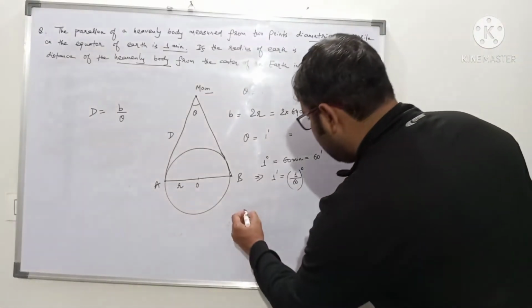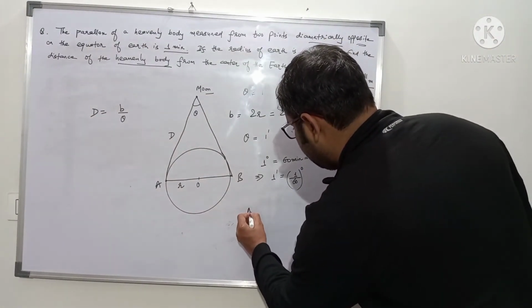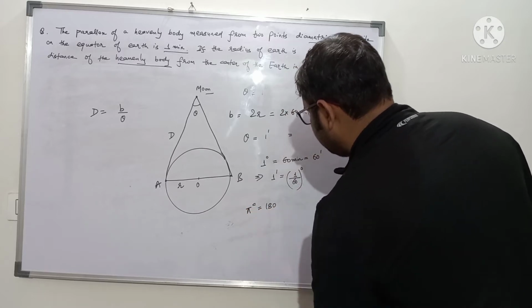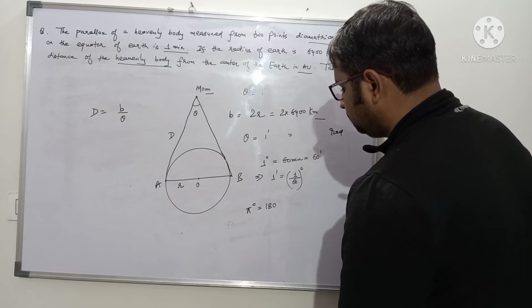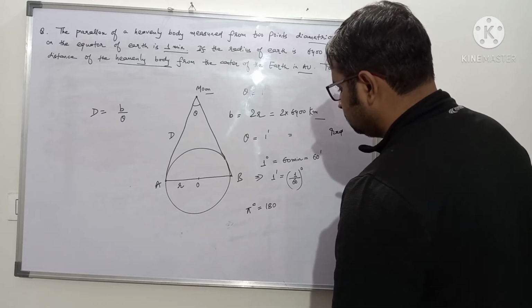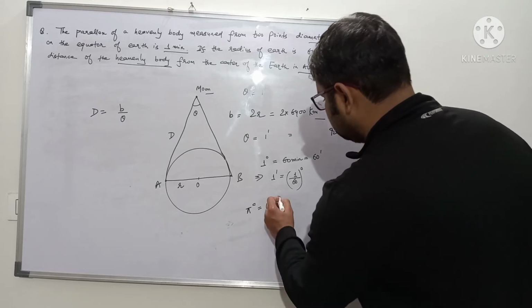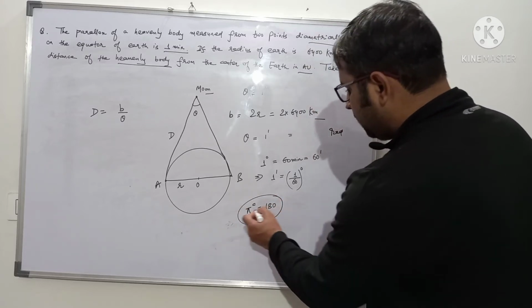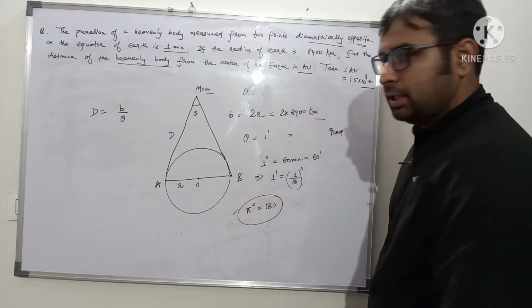Also we know that pi radians is equal to 180 degree, right? How did we arrive at pi radians being 180 degree?